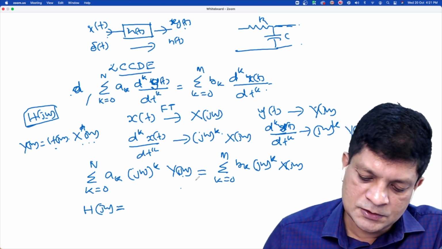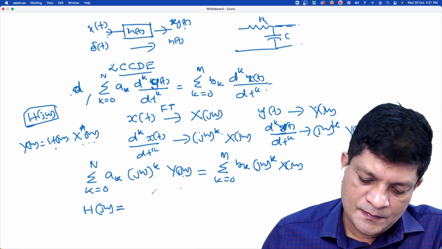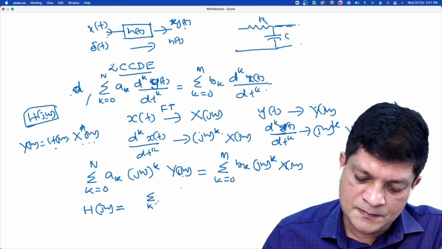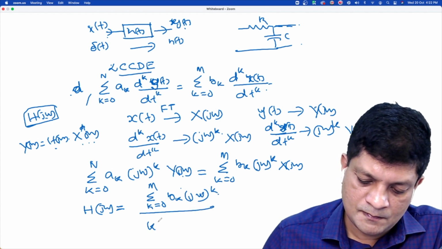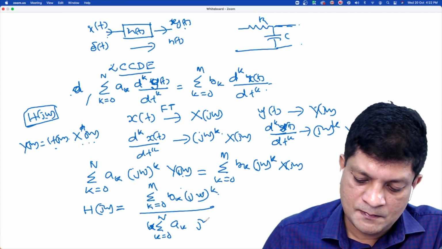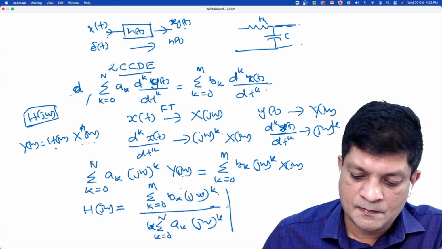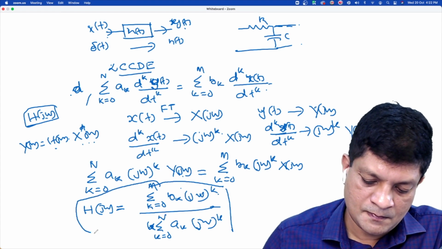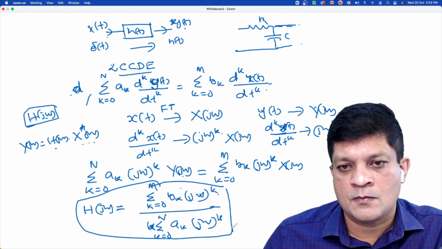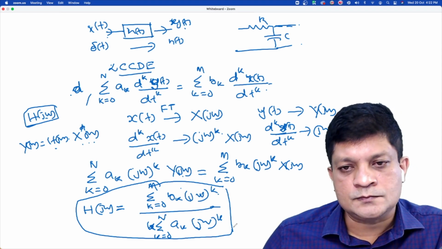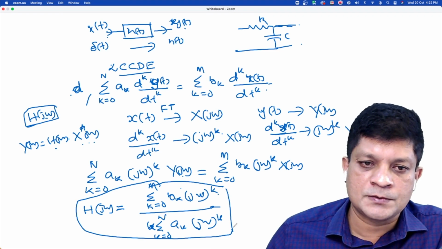So the frequency response, we need to get an expression like this, summation 0 to M of b_k, is the frequency response of the system.